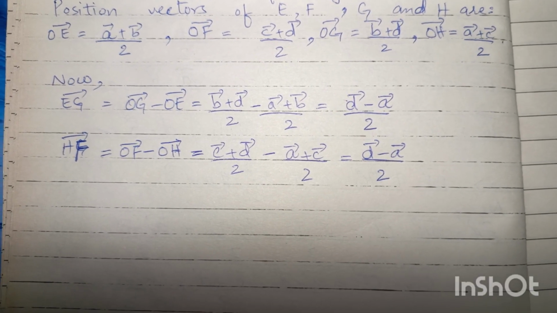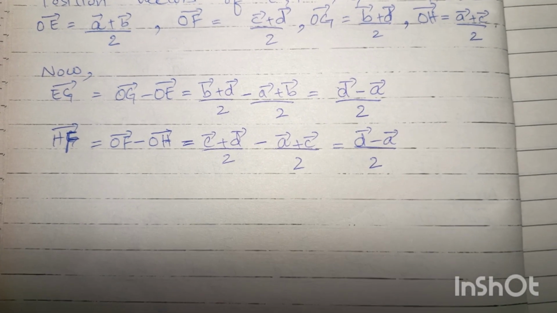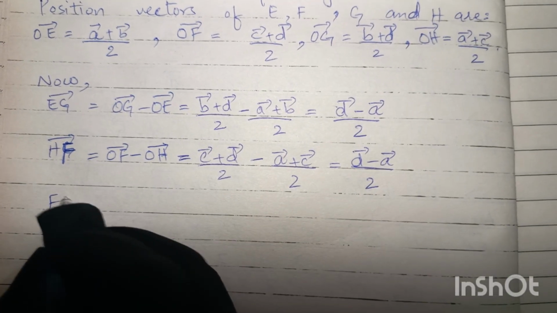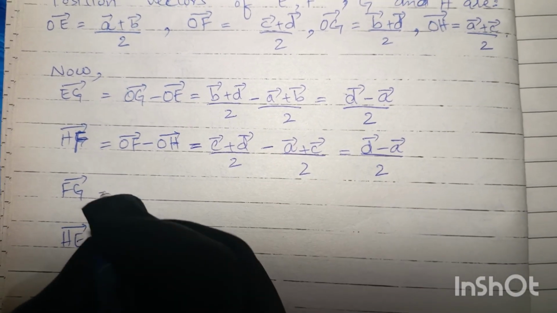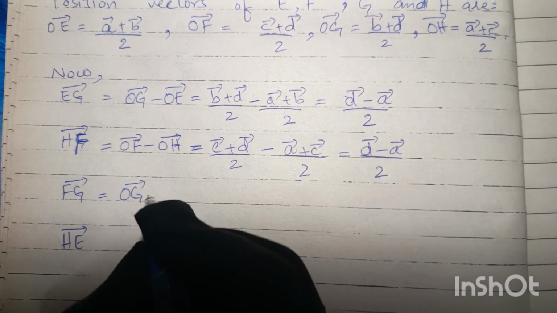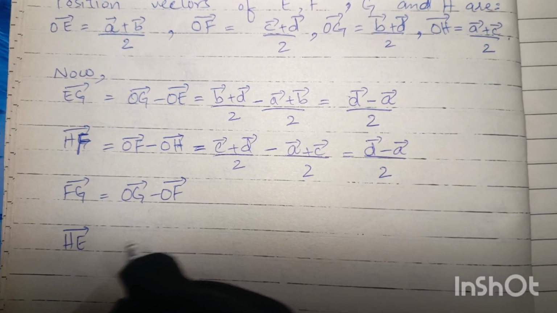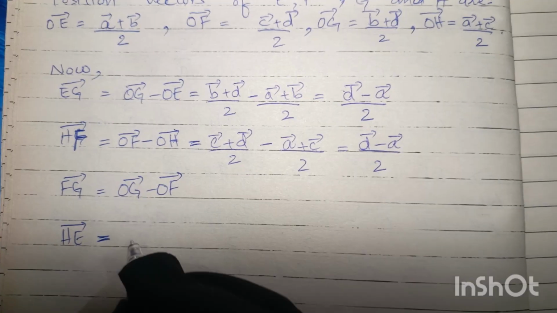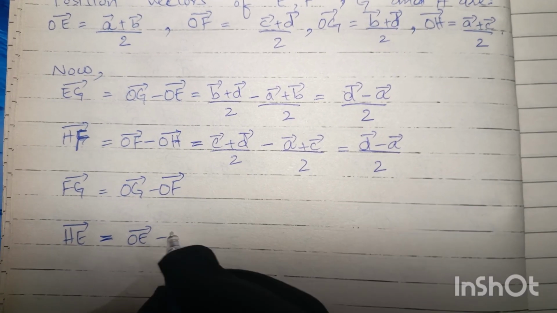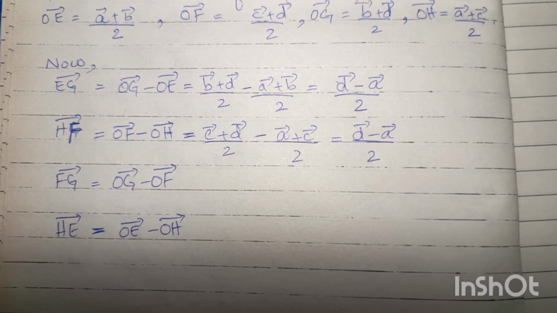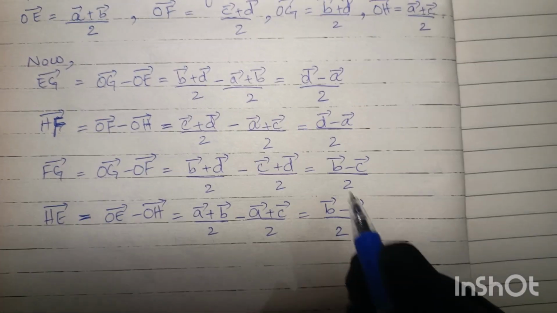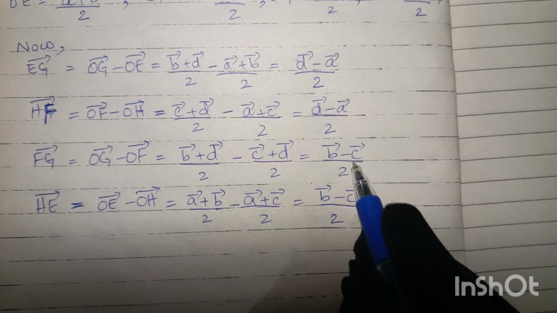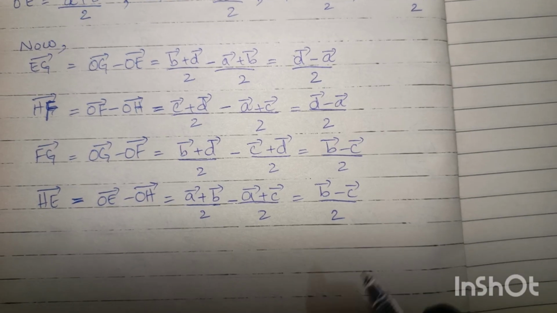Now come to the next two sides, FG and HE. FG is OG minus OF, and HE is OE minus OH. By putting values and simplification, the answer will be B minus C divided by 2, which is equal for both sides.